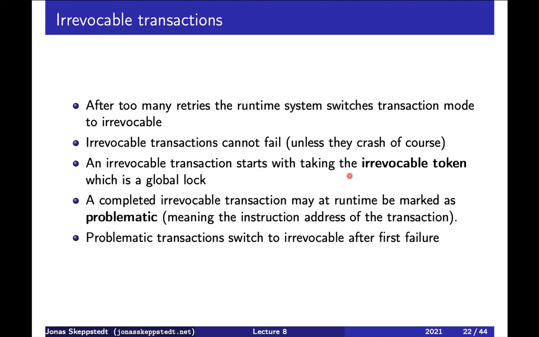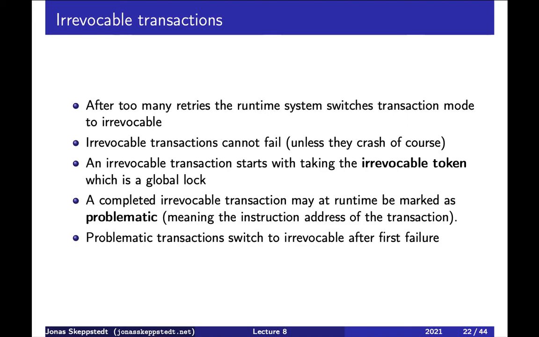Okay, and then when this irrevocable transaction has completed, it can be a good idea to mark this so that it will not try and fail so many times in the future.